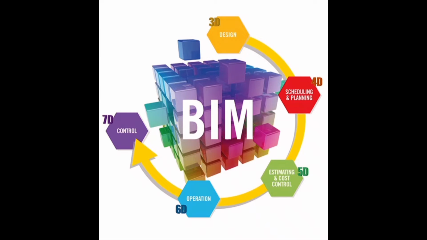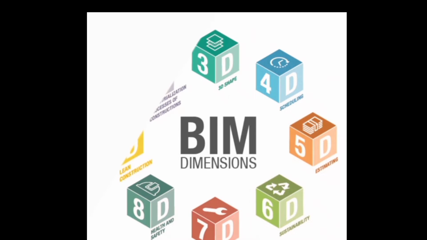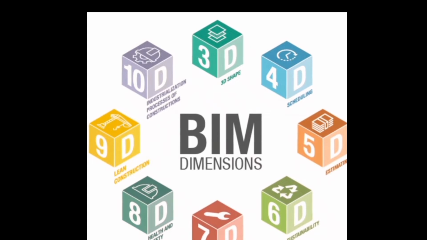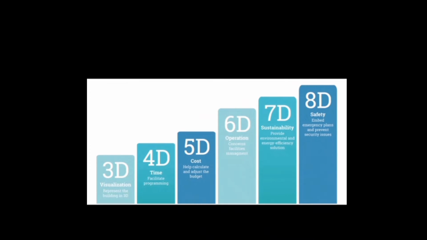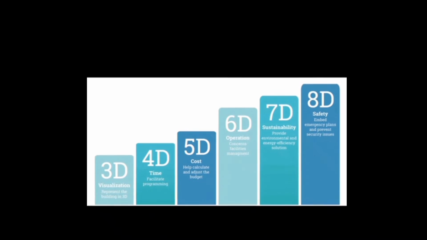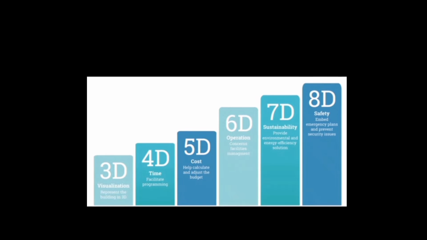BIM dimensions 3D, 4D, 5D, 6D, and 7D refer to the type of information and the way in which that information is presented in a BIM model. These dimensions enhance the data associated with a model to increase understanding and clarity on a construction project.